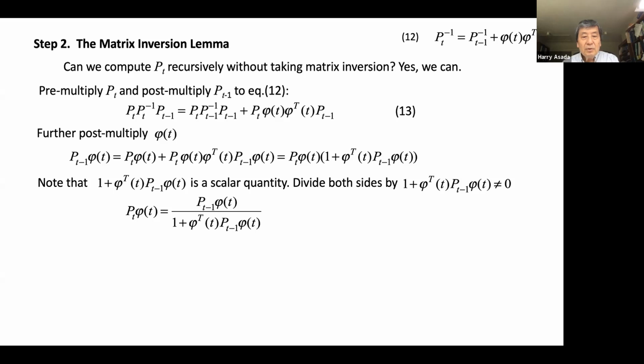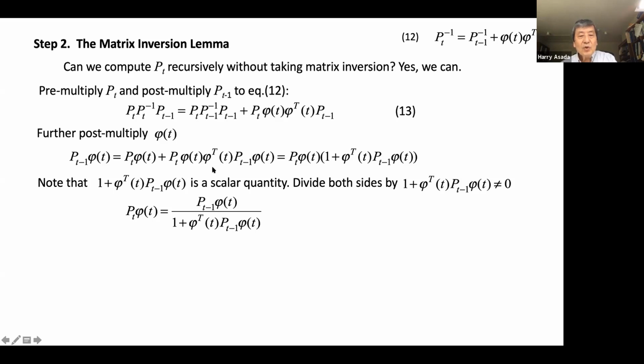Now, if you look at this product, phi transpose PT minus 1 phi, check the dimensions. This is 1 by m, m by m, m by 1. So as a whole, what is the dimension of this? It's just 1. It's a scalar, right?